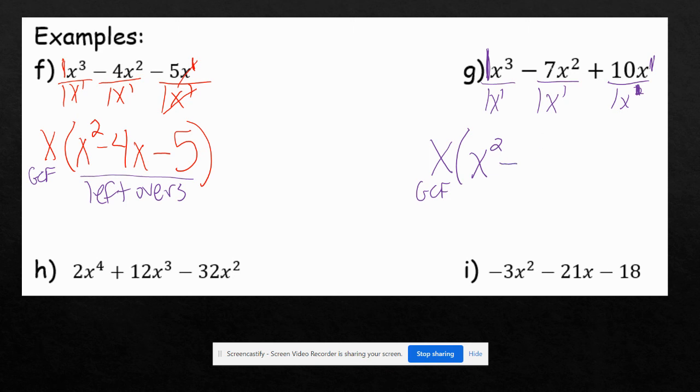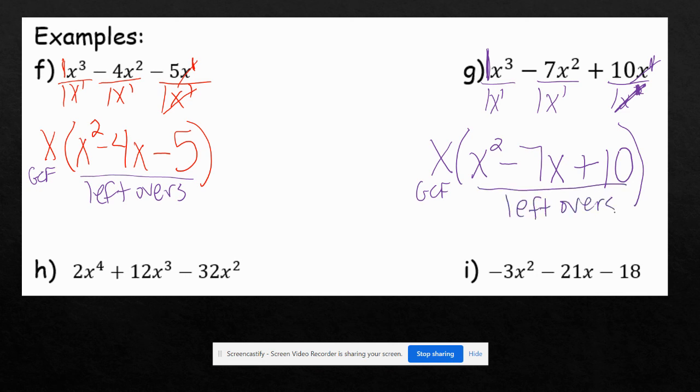We still have minus 7 divided by 1 is 7. Squared minus first power is first power. Plus 10 divided by 1 is 10. First power over first power adds to 0, and there's no x there. And these are the leftovers.